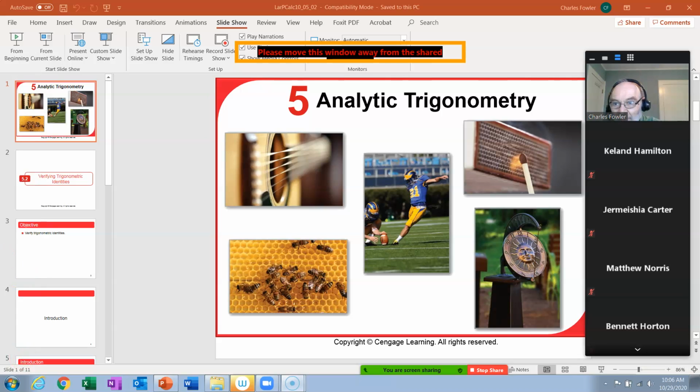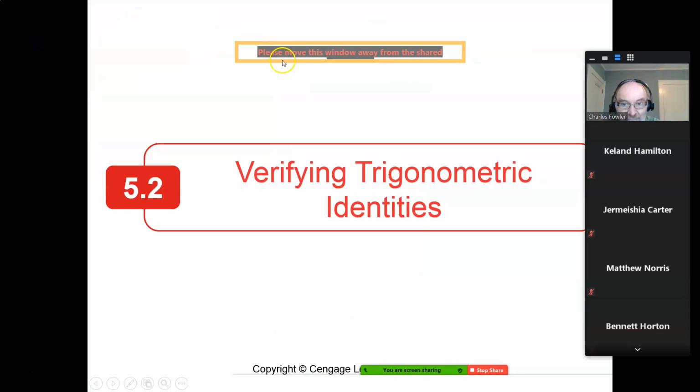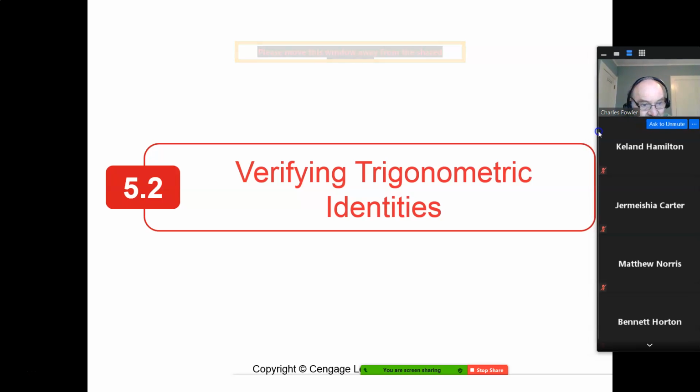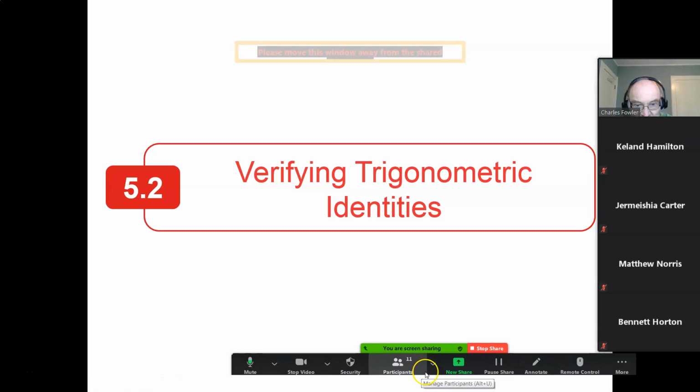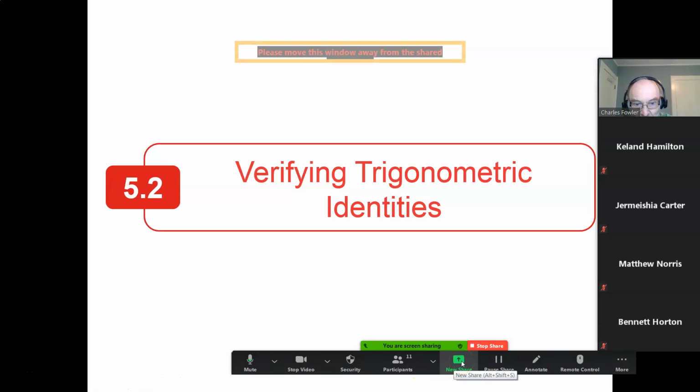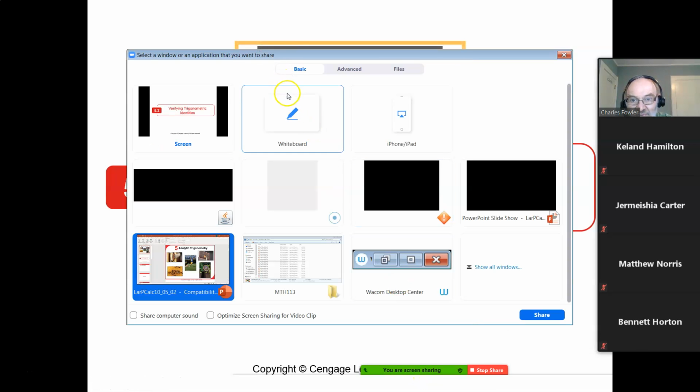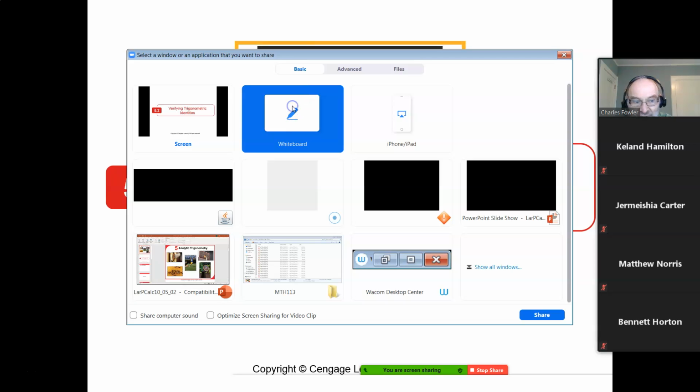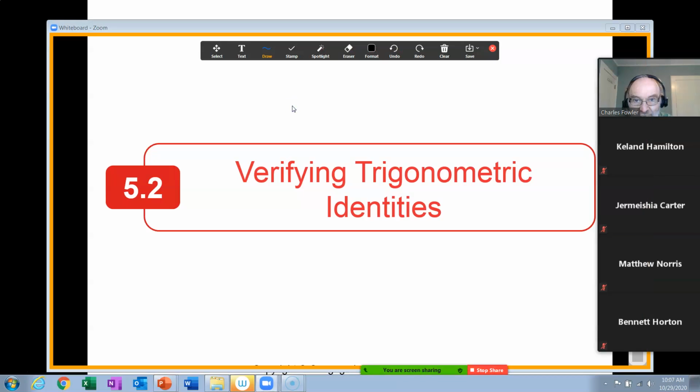All right, we are recording. Let's go from current slide. I'm going to try to go from current slide. There we go. And I'm going to scoot y'all over just a tad. Okay. And we'll also start from the whiteboard because the last two examples in 5.1 do not have PowerPoints.